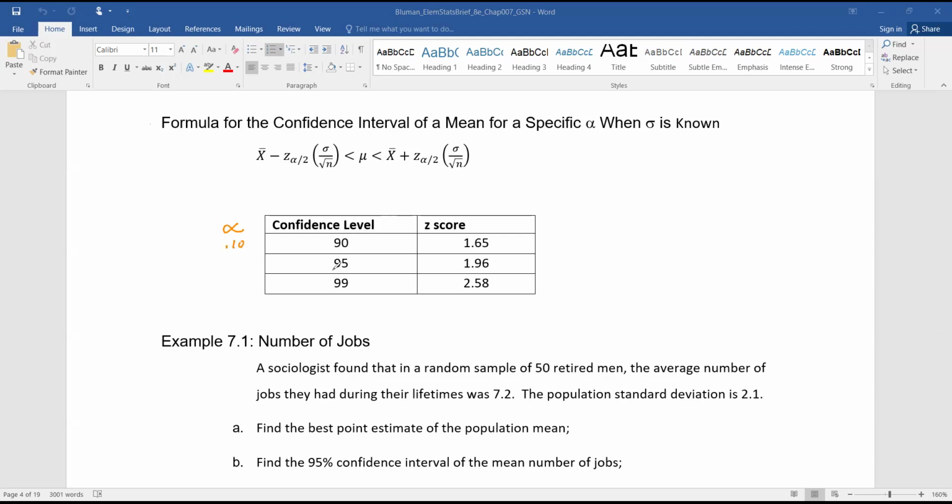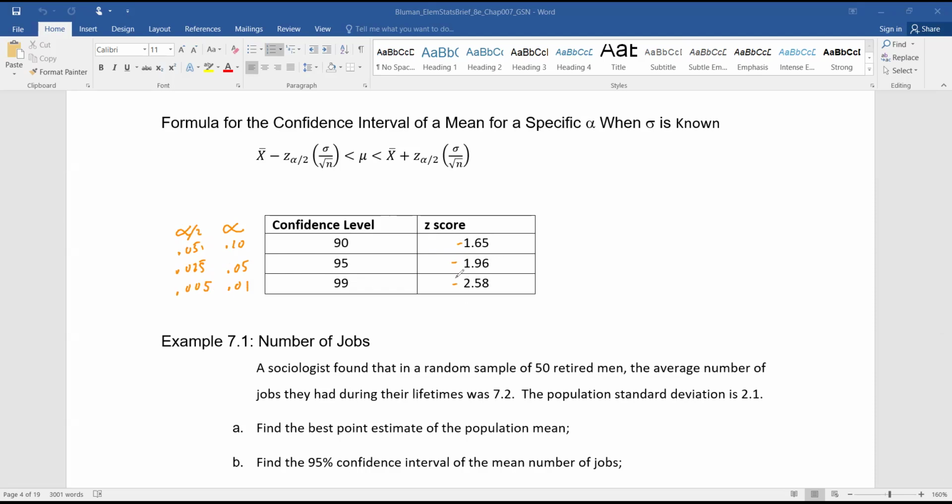If I'm 95% confident, my alpha would be 0.05. If I'm 99% confident, my alpha would be 0.01. Therefore, my alpha divided by 2 would be 0.05, 0.025, and 0.005.